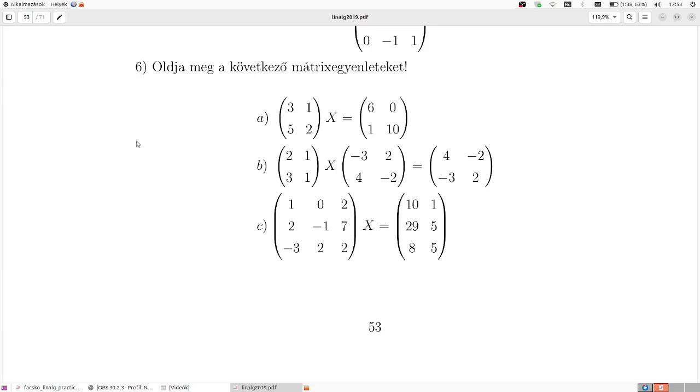Okay, first I calculate the determinant. Sarrus's rule.